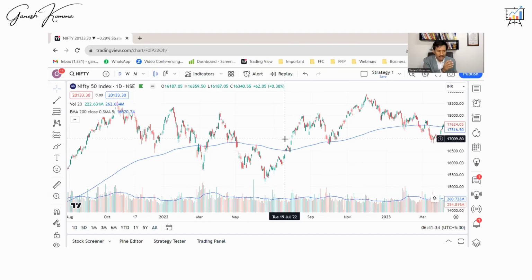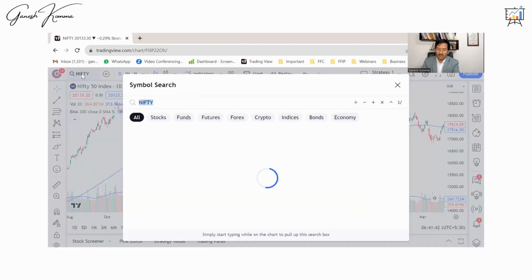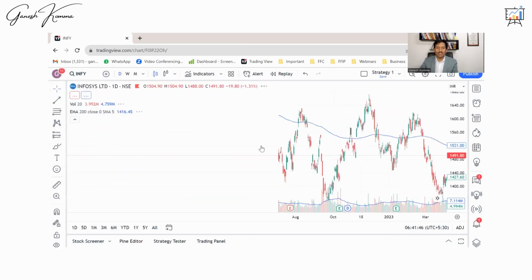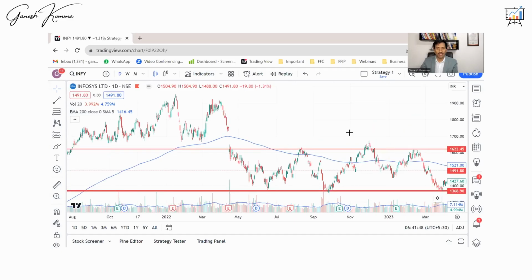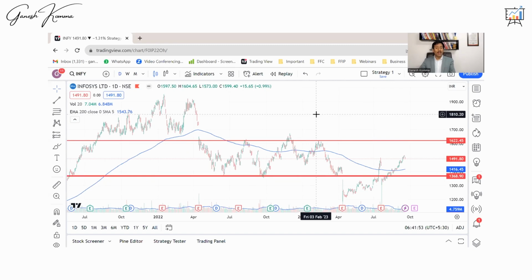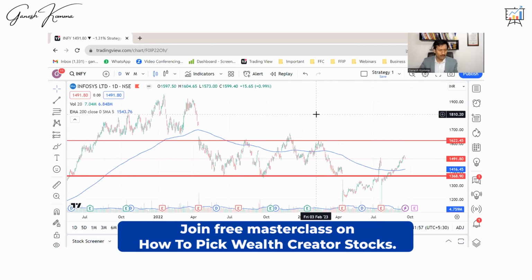Last 200 days, at least the closing price of that stock is showing some strength, then only we should enter, right? So Infosys, I'll give you one more example of a stock which is in the IT space, information technology related. So yes, IT has had some pain in the last couple of weeks or even the last couple of months.